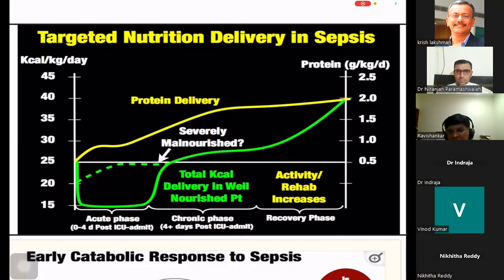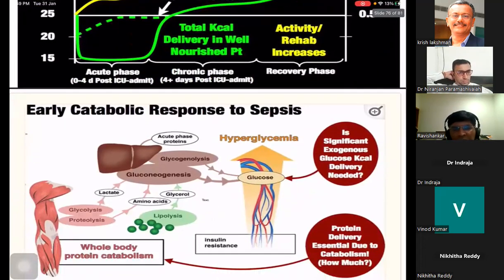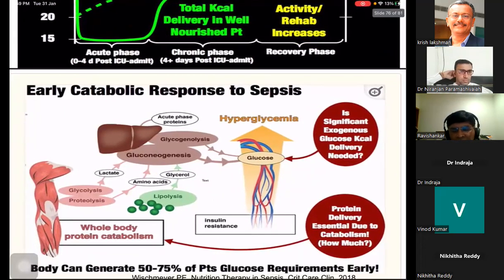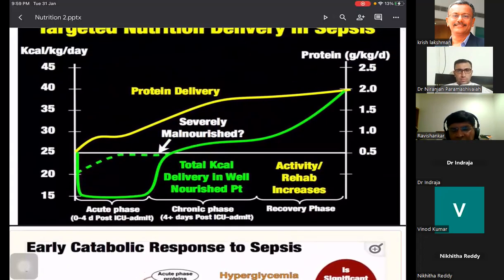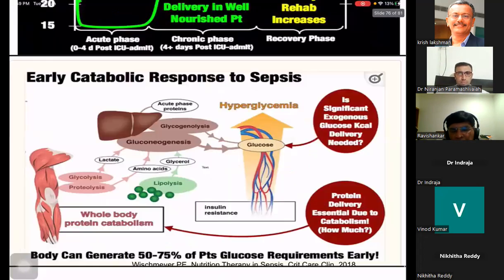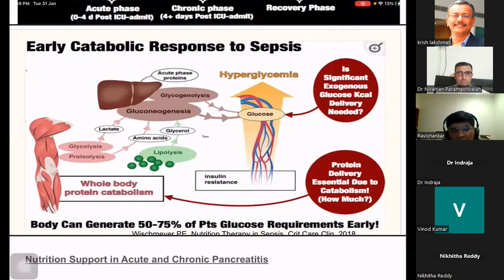In the recovery phase, the requirement of energy is multiplied around 5 times, during which the energy provided should be multiplied 3 to 4 times. According to studies, most ICU hospitals lag in providing the required energy during the recovery phase. No, I think, wait. Where did you get this information from? This is from Vishnair P, nutrition therapy in sepsis.